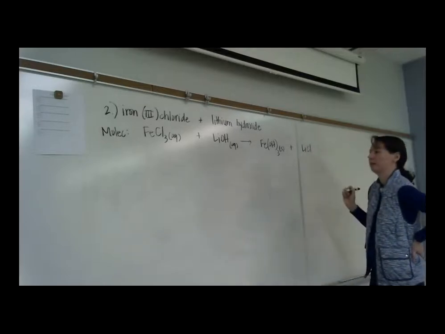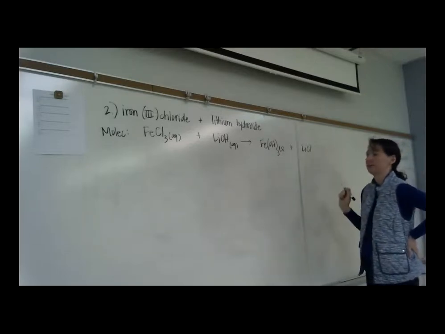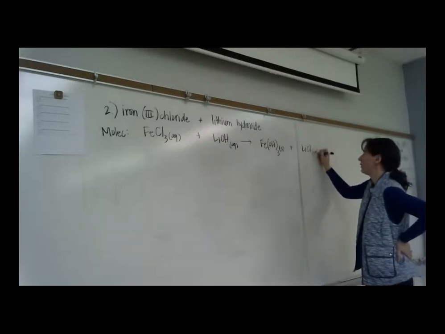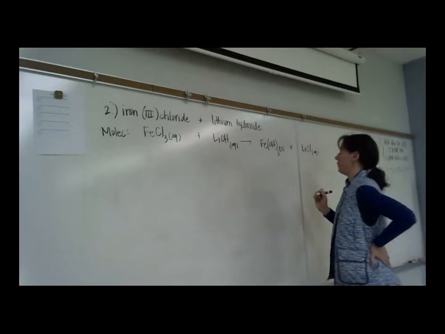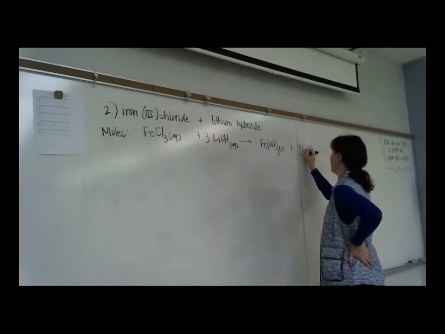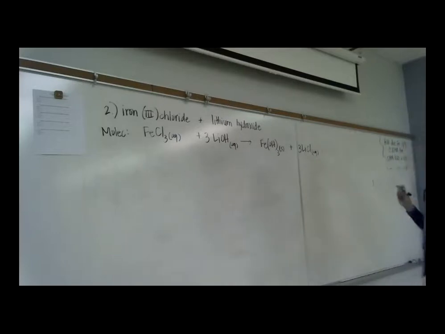What about that? What state of matter would that one be? Is it solid or is it aqueous? That one's aqueous, right? Okay, now we just need to balance. Let's see, we need a 3 here and a 3 there. Right? 3, 3, 3. Yes.